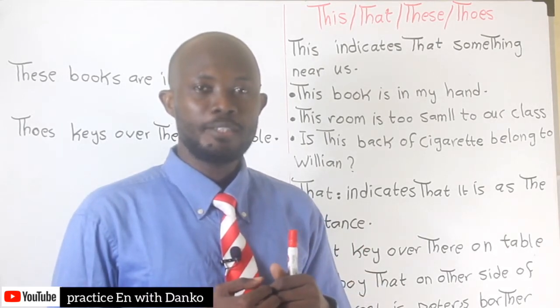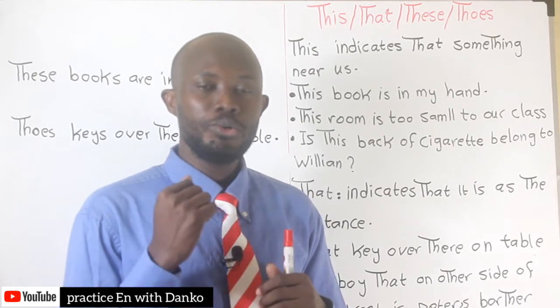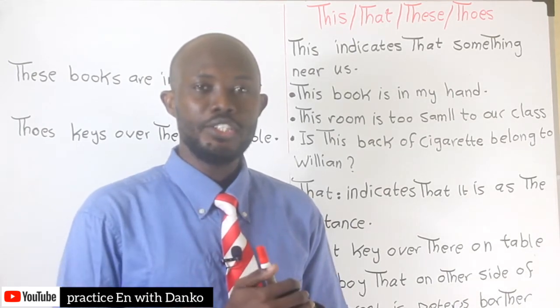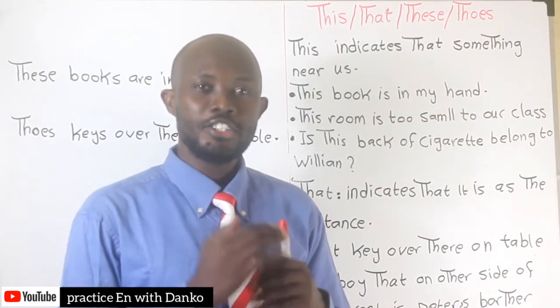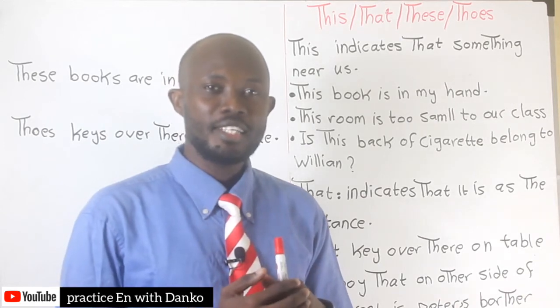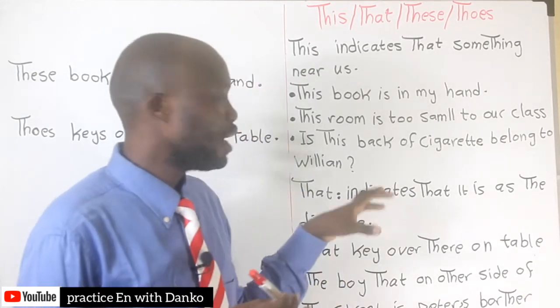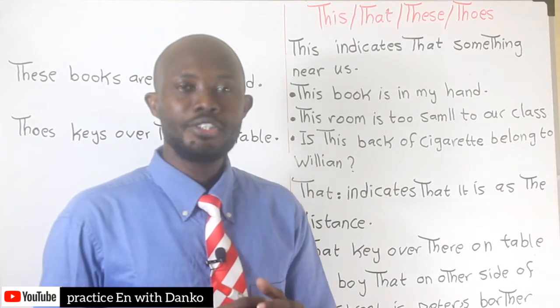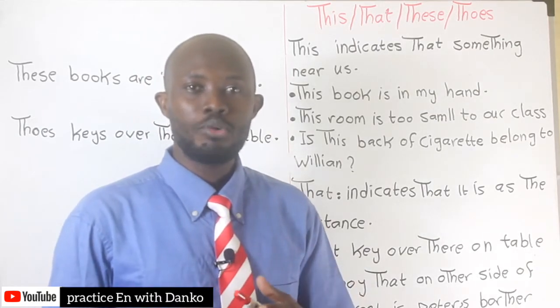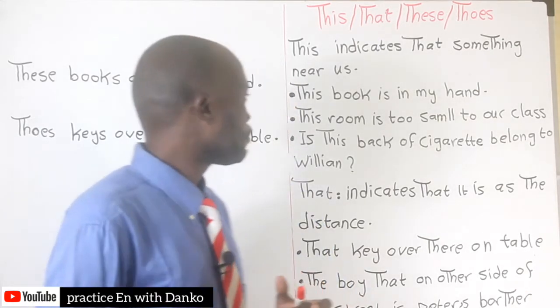So in these positions you use this to indicate it. So let's look at a few examples. I put a couple of examples here to explain that more for us.